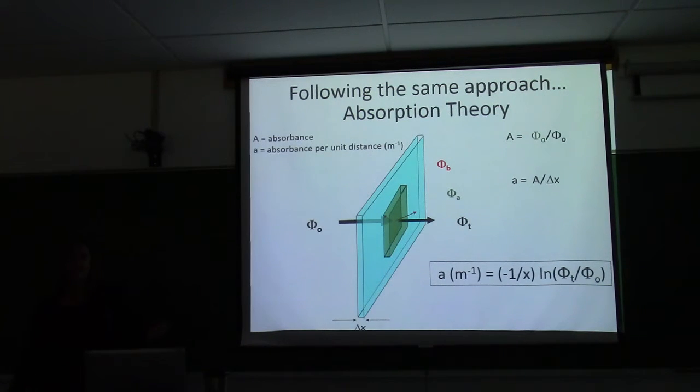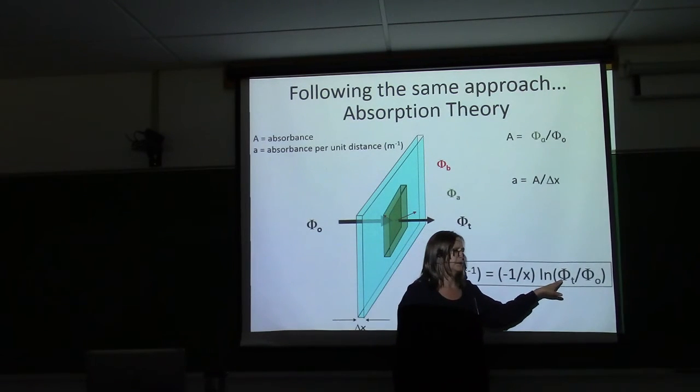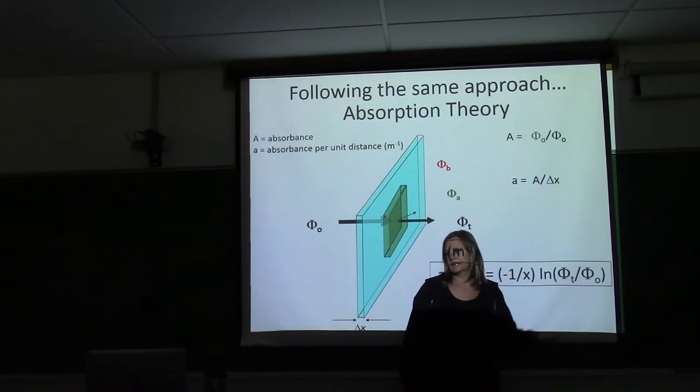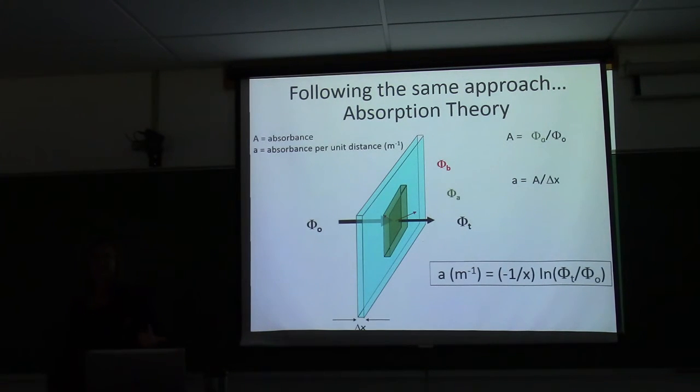Well, that's cool because we need to know the path length, we need to know the transmitted radiation, we need to know the incident radiance. So how can we get a beam attenuation and absorption from the same sensor? They have exactly the same equation. How can that be? Why do we have absorption meters and beam attenuation meters?